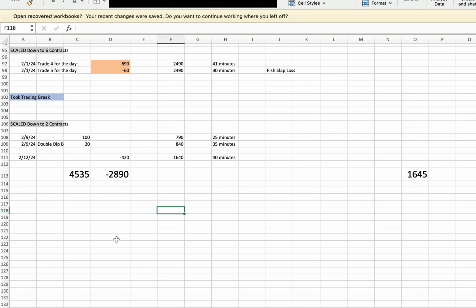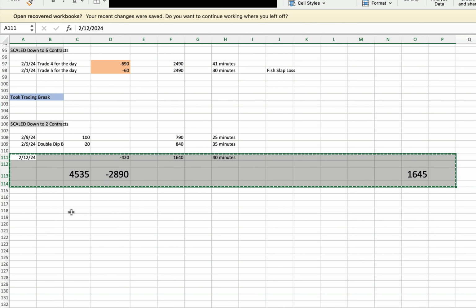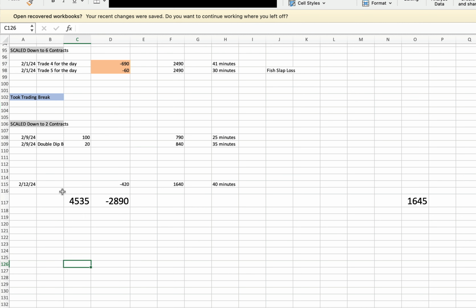Okay, so here's our new numbers. So we went to 4 on this, so let me fix this here. Actually, let me just move all this down. So we went to 4 contracts today, scaled up to 4 contracts.